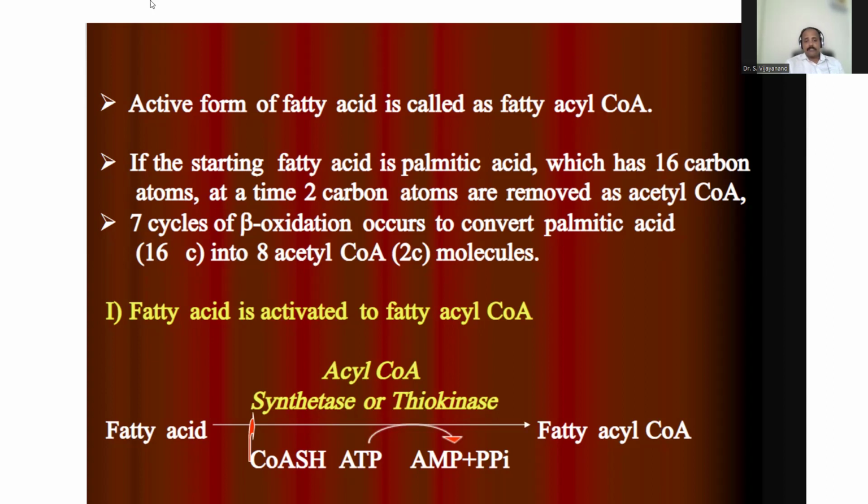This process is catalyzed by the enzyme acyl CoA synthetase, or thiokinase, which is an ATP dependent enzyme. That means it utilizes ATP for this reaction. For the activation of a fatty acid, one molecule of ATP is utilized so that the fatty acid is activated to fatty acyl CoA.